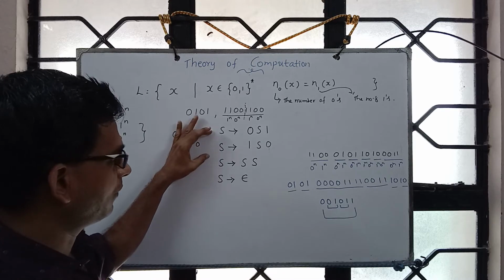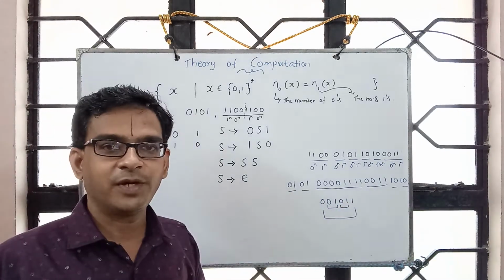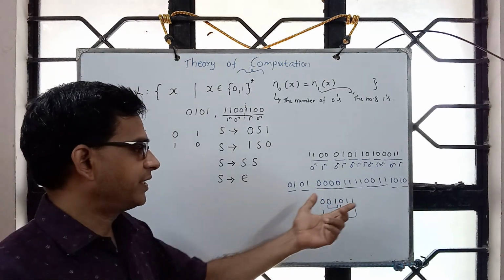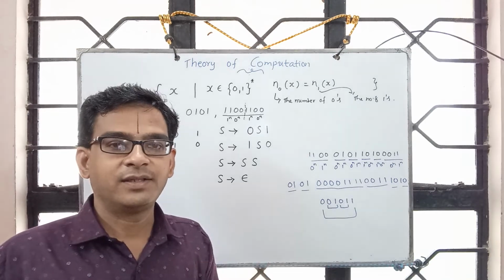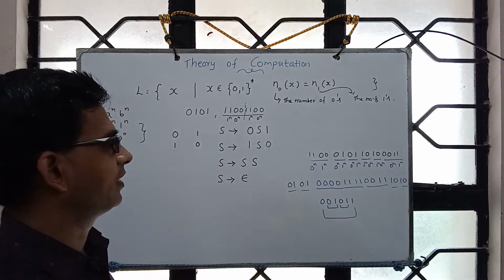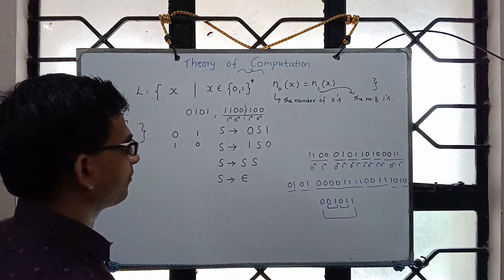That's precisely what we have done, which you can always do if you pay attention to a couple of sample strings, see the strings generated and look at the pattern, and accordingly you can fine tune this to get a CFG which is meeting our requirement.